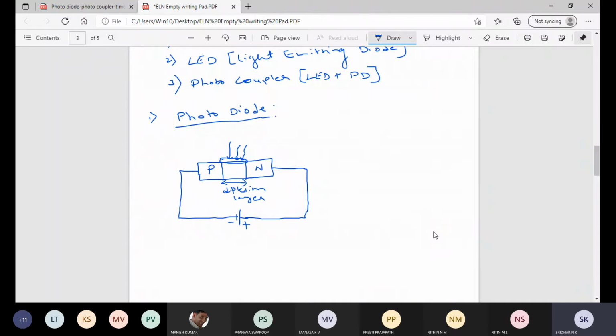Now what happens when light is made to fall on this transparent window? First, recombination of holes and electrons will take place in the junction.